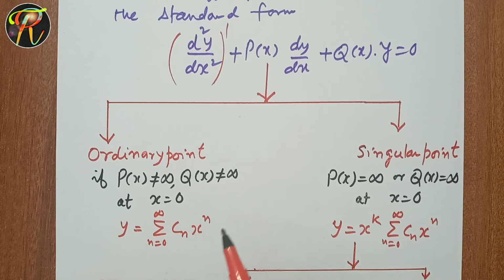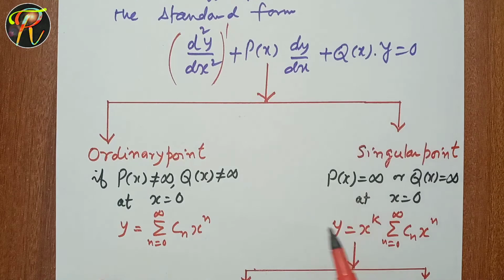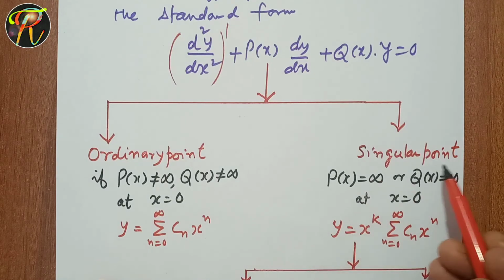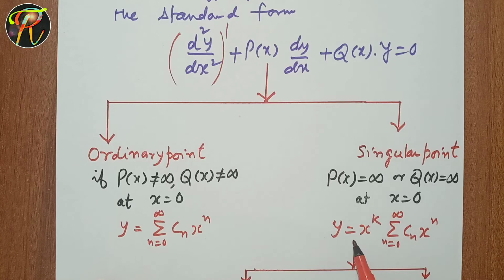And if x equal to 0 is a singular point, means P and Q are both infinite or at least one is infinite, then we will take a series of the other form.